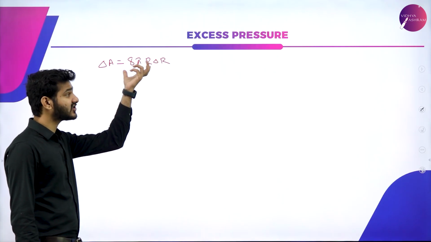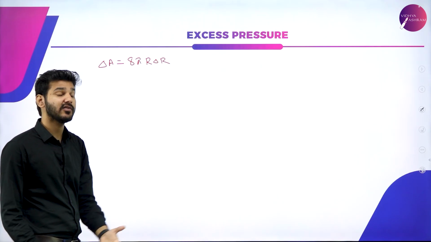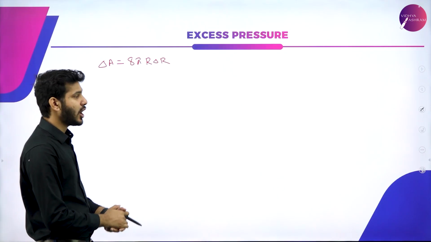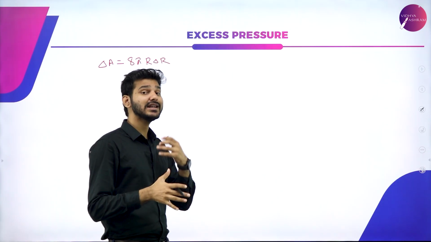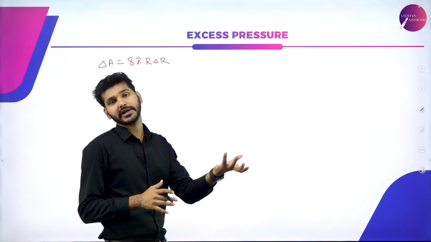Now, since we have the change in area, we can begin our actual derivation. That is, when I blew inside the bubble and made it a little bit bigger, I did actual work on that particular bubble.